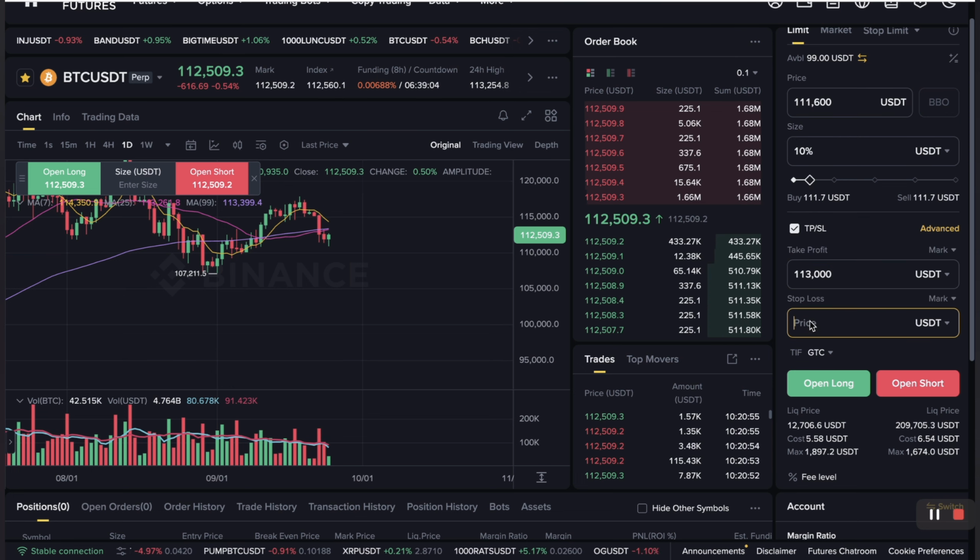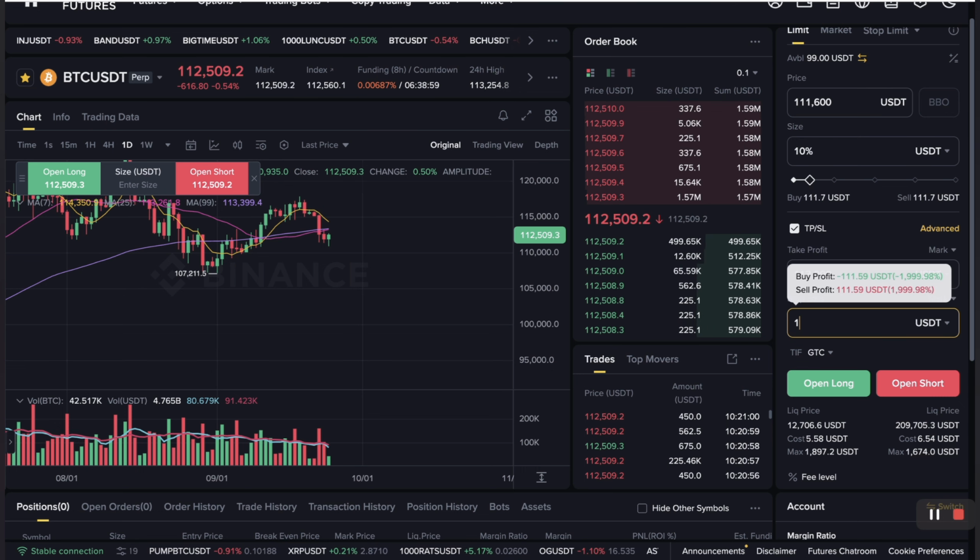Let's say my entry is 111,600, and I can say 111,000 as my stop loss. Okay, I made a mistake here. You can see 111,000. So I will just lose a little bit of money, just 60 cents only.